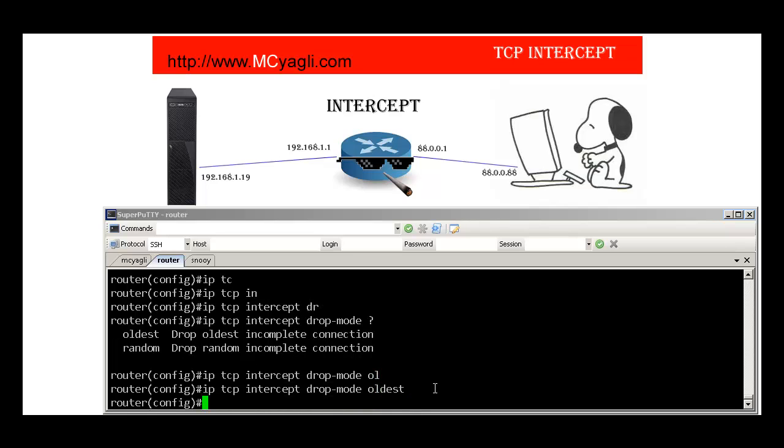I would like to squeeze in a piece of information here. When the router tries to establish a TCP connection to both sides, because it's going to be establishing a TCP connection between Snoopy and this server, and if one of the sides does not respond, our router resends the packets using an exponential backoff algorithm.